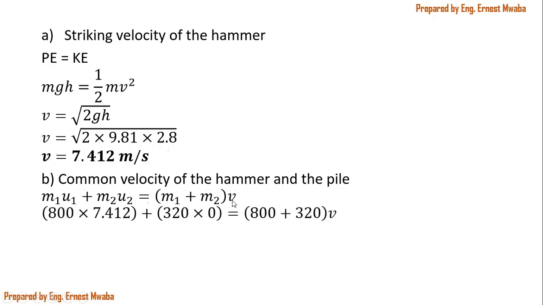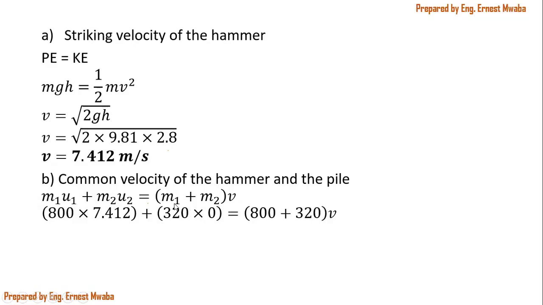So in our substitution, mass number 1 is 800 kg. With what velocity did it hit the pile? It's this one we found here, 7.412, plus mass number 2, the pile, which is 320 kg. At what velocity was it moving? It was at rest. The pile was not in motion. So that's why for u2, we're saying it's 0.